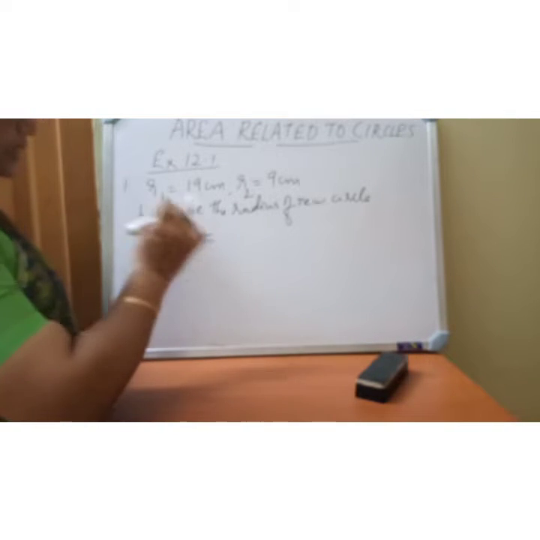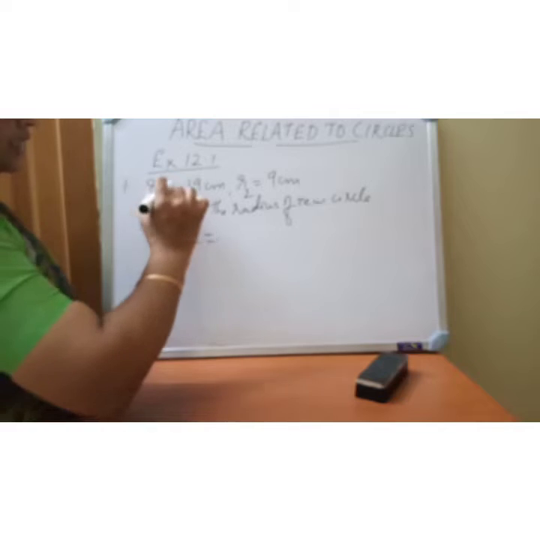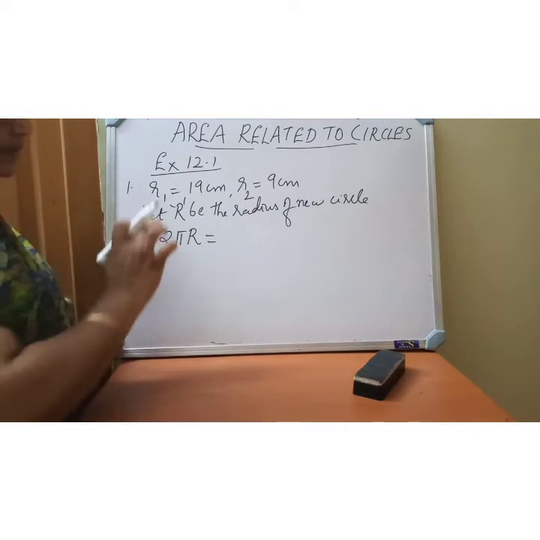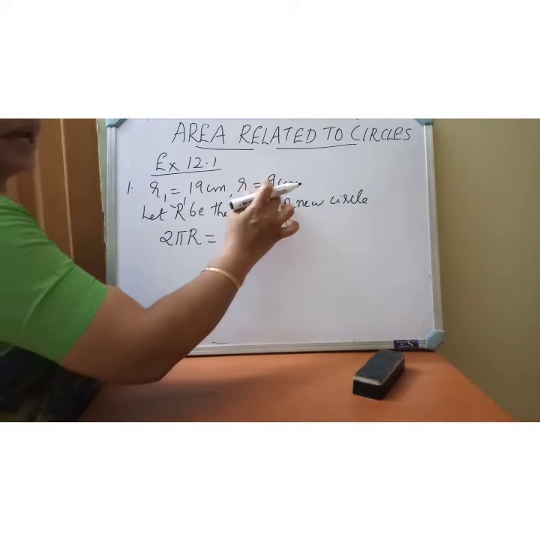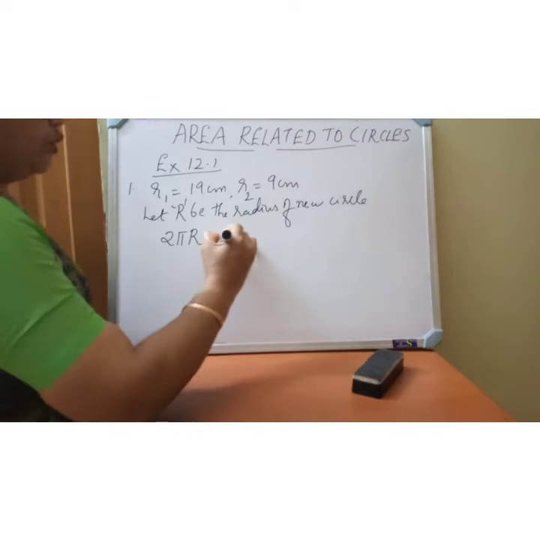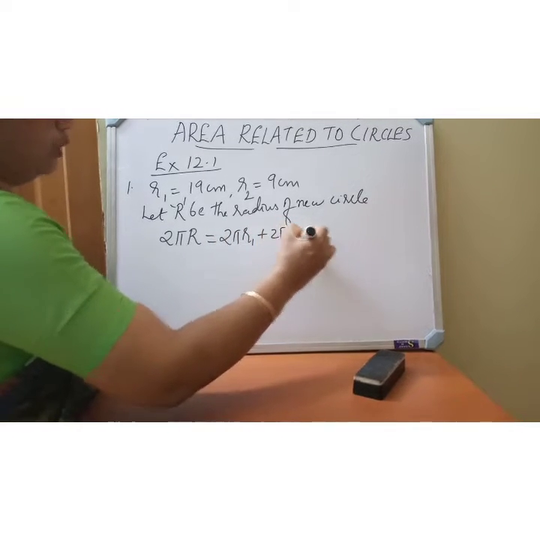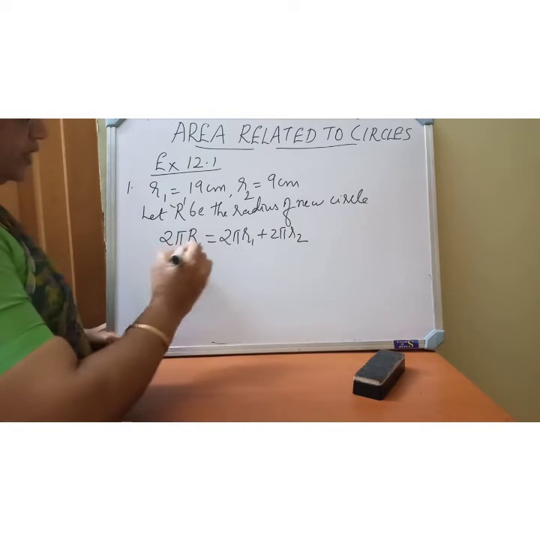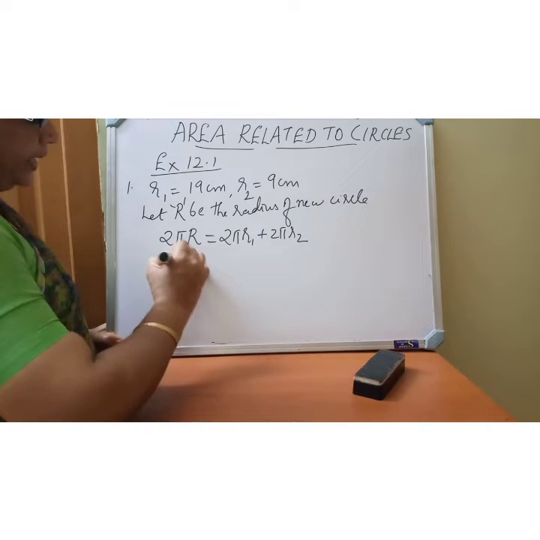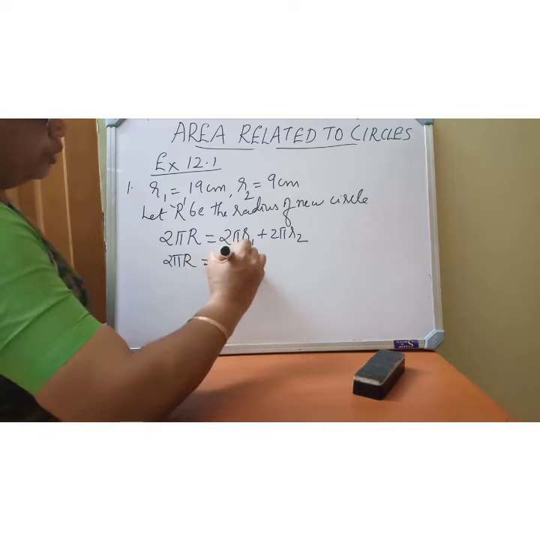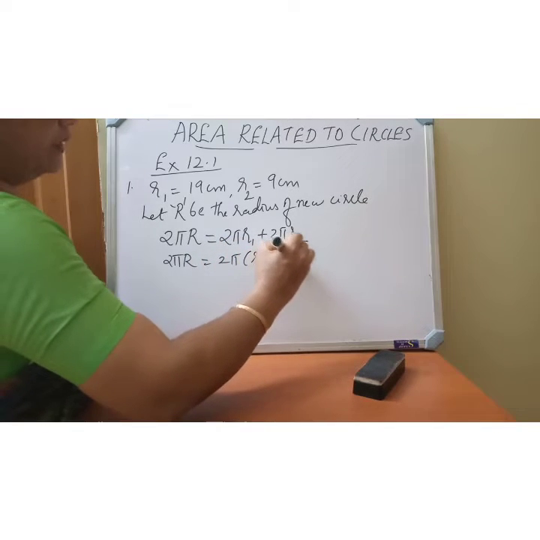That is given as the sum of the circumference of the other two circles with radii 19 centimeter and 9 centimeter. So 2 pi R is equal to 2 pi R1 plus 2 pi R2. 2 pi is the common factor on the right side. So 2 pi R is equal to 2 pi into R1 plus R2.